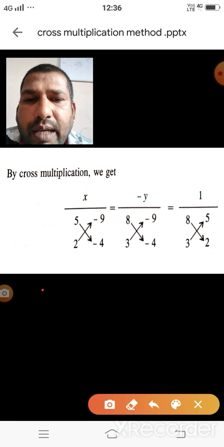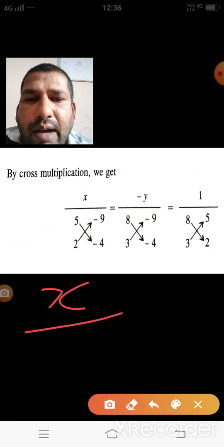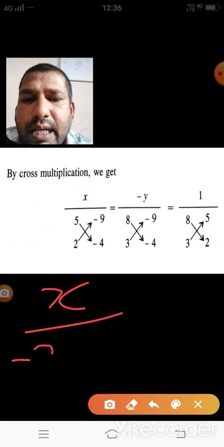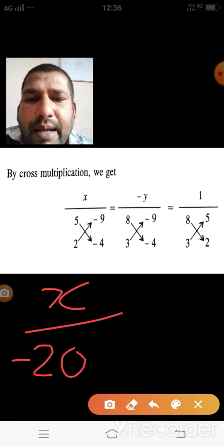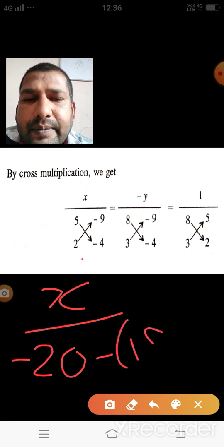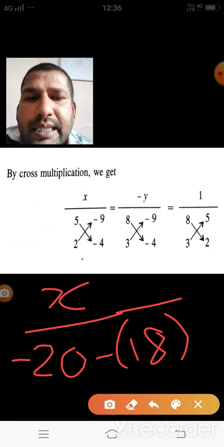Then x upon we get 5 into minus 4, which is minus 20. Then we have to put a minus sign here. 2 into minus 9 we get minus 18. Up to down, minus down to up, minus 18.